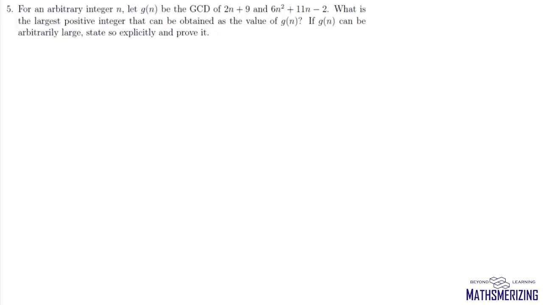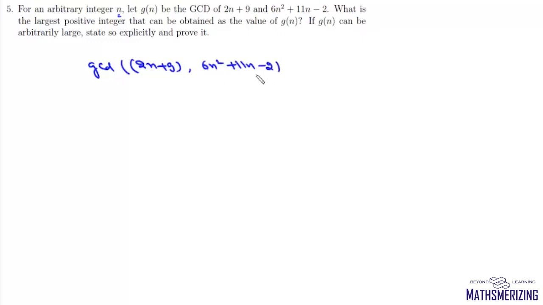Now question number 5 is: for an arbitrary integer n, let Gn be the GCD of 2n plus 9 and 6n square plus 11n minus 2.